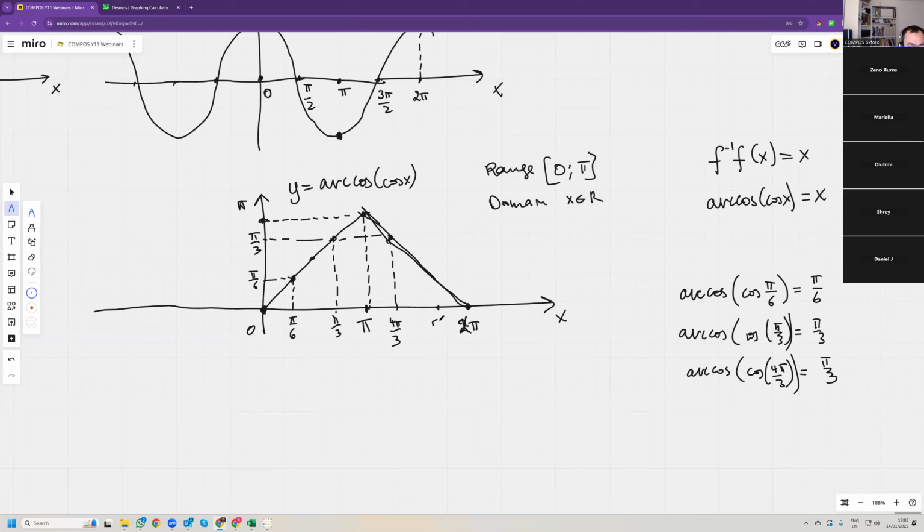And 5 pi over 6, it doesn't make any sense. That's not 5 pi over 6. So that's 4 pi over 3. 4 pi over 3 is 4 pi over 3. And 7 pi over 3 is going to be 4 pi over 3.